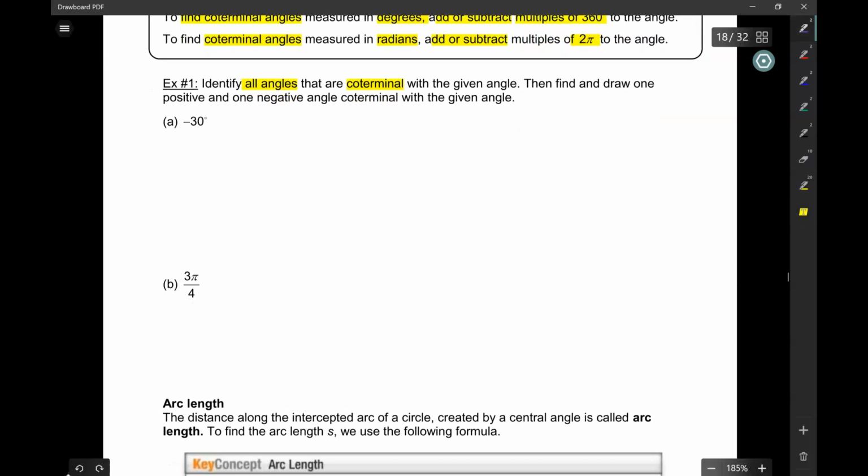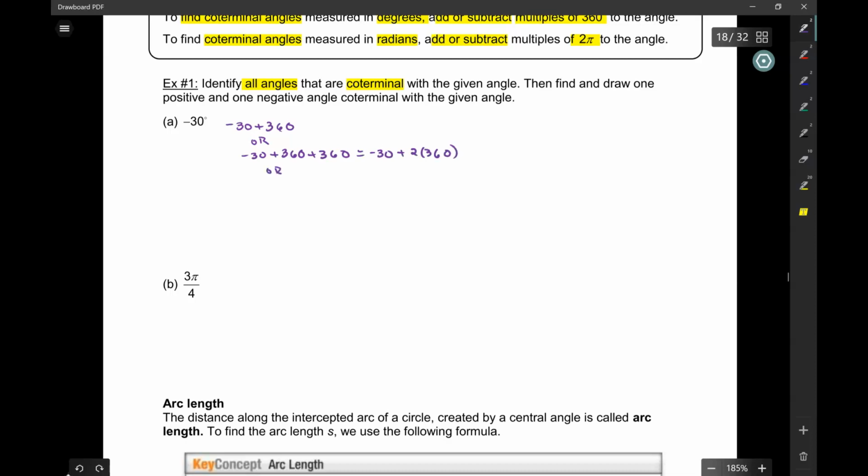So, if I take negative 30, how do I get a coterminal angle? I do negative 30 plus 360, right? And then I could also do negative 30 plus 2 times 360.